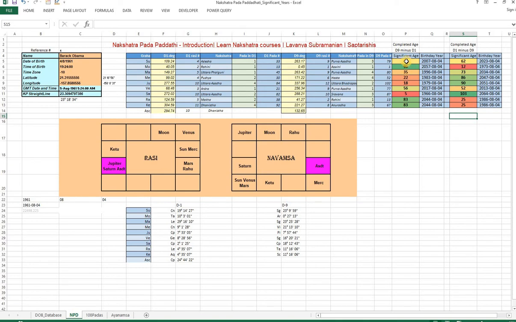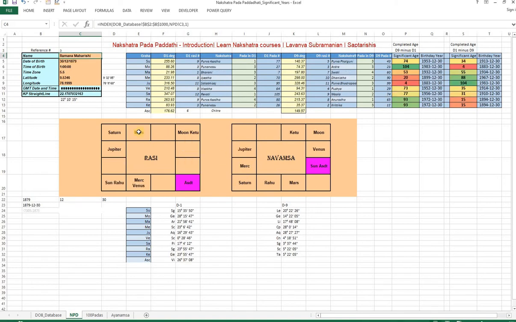She was able to explain this. For instance, Barack Obama at the age of 46, 47, exactly these years, was elected into presidency, and she explains very nicely, justifying how these significant years have flowered in his chart. Similarly, she takes the case of, I think, Ramana Maharishi. Let me cast it.